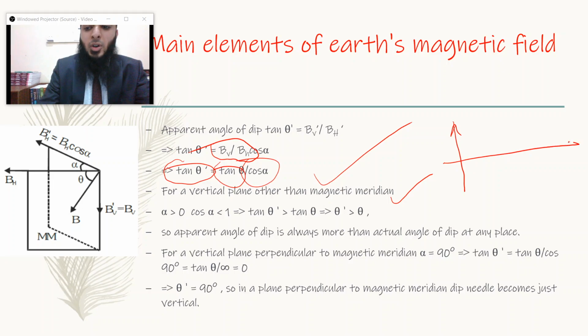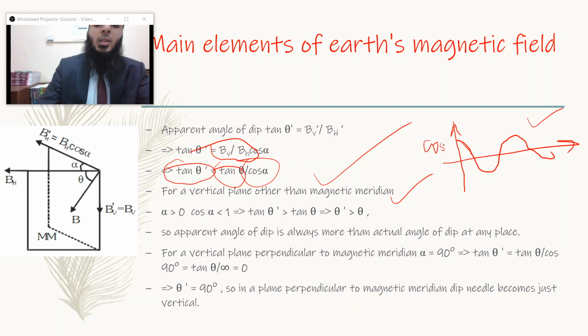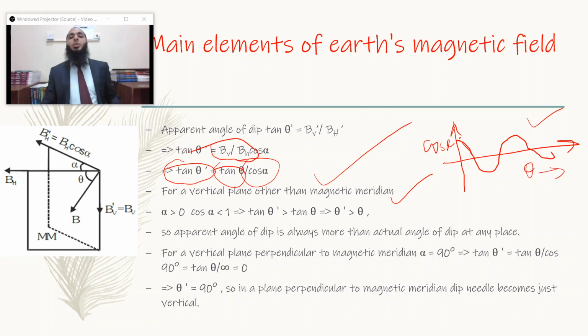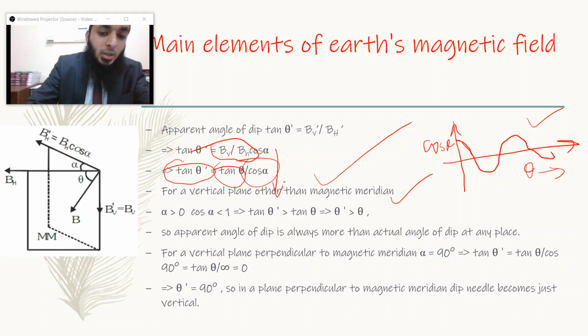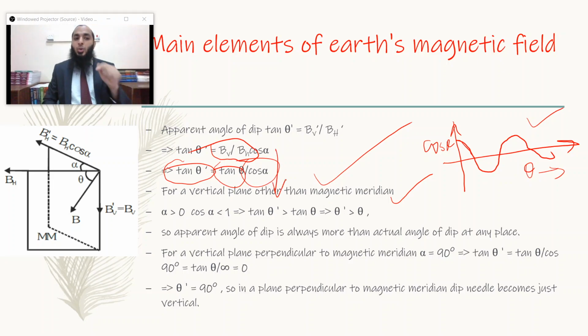This is the graph of cos theta: this is the maximum, and then it decreases and goes to the negative side, and so on. So the cos value is decreasing. When the cos value decreases, this is the denominator, and when the denominator decreases, the value increases.